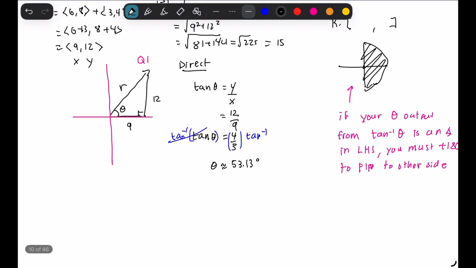Now, our magnitude we got is 15. Our direction is 53.13 degrees.